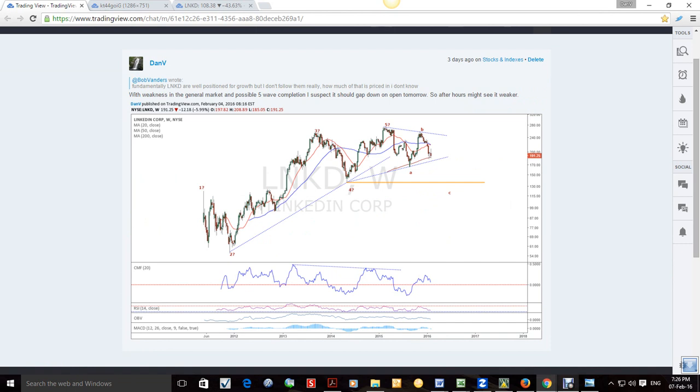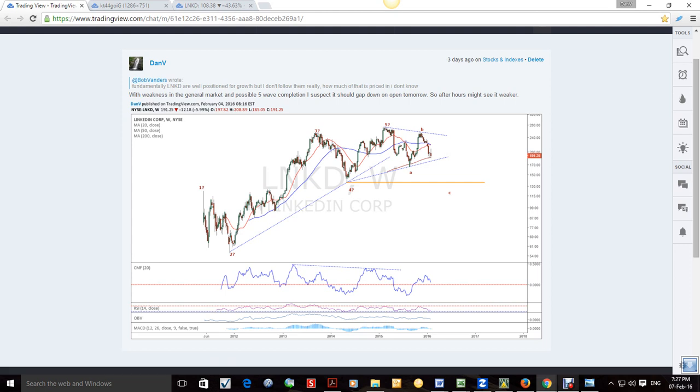One individual chimed in to say that fundamentally it's a very strong stock, and I can understand his reason, because a lot of stocks have risen very strongly over the last year or two, exhibiting potentially strong fundamentals. But he also qualified by saying he doesn't know how much of that strong fundamental is built into the price. So really he indicated that if this has already been built into the price, then the stock might not do so well.